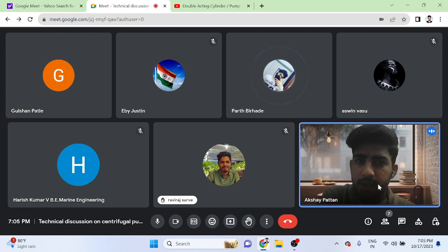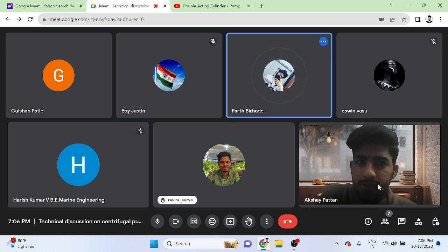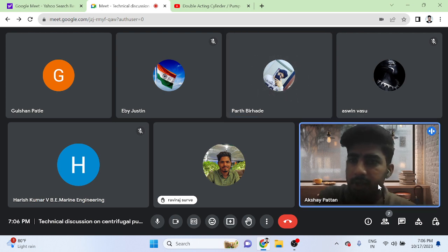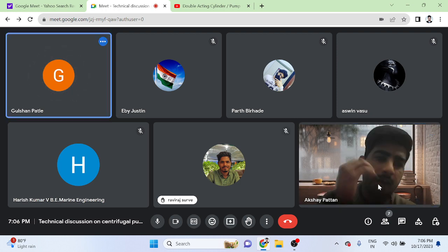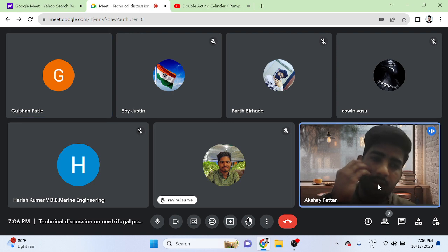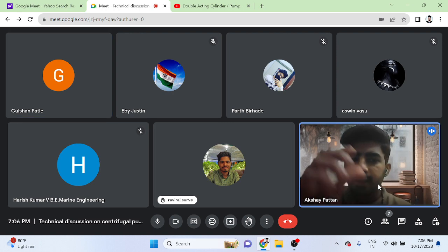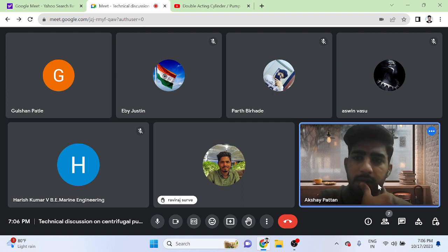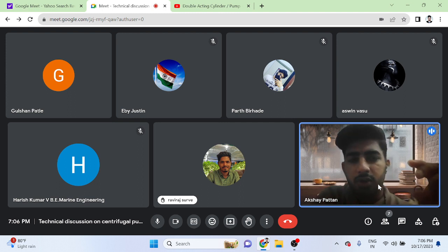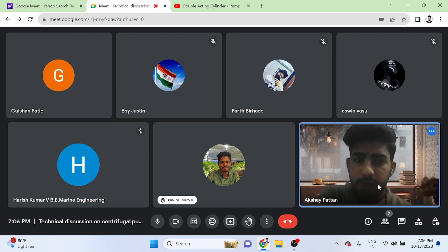Or the stroke length. Stroke length, yes. So is it right, Gulshan? No, I don't know. Actually, I am also a bit confused about internal clearance. Maybe it is the stroke length, because the longer the stroke length, the more fluid is displaced.